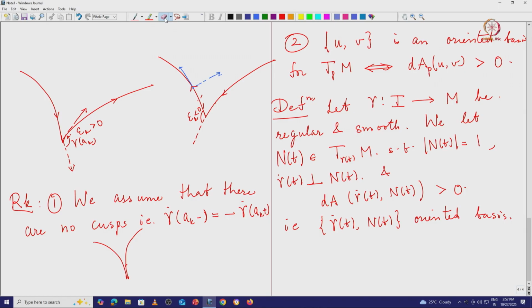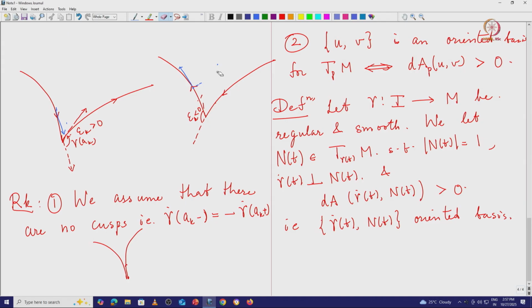All right. So again in this picture, for instance, in the picture that I have drawn, this would be n of t, whereas in this picture you have to apply the right hand rule.